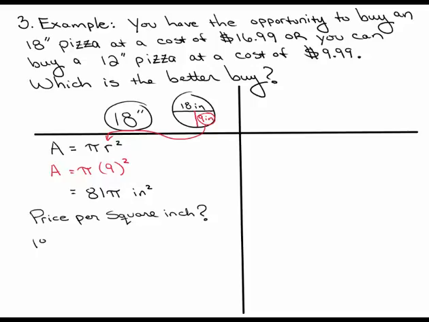So for the 18-inch pizza, we're going to take the price, $16.99, and divide it by 81 pi inches squared. And that will give us the price per inch.